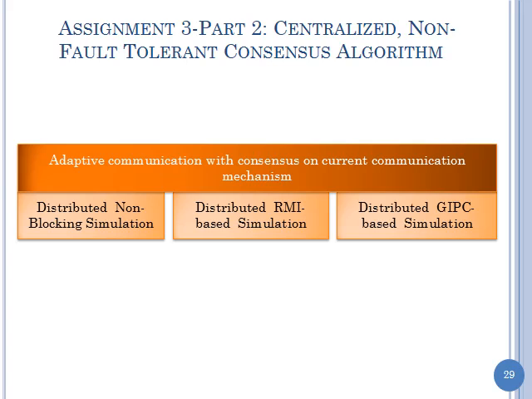So they all have to agree on what the current communication mechanism is. We'll allow this to be changed dynamically, but before we change it, we all agree on what the current mechanism is. That was my way of creating an interesting problem that requires consensus. So that's going to be the second part, and again, it's not going to be very hard.